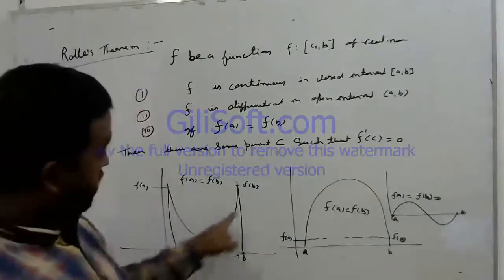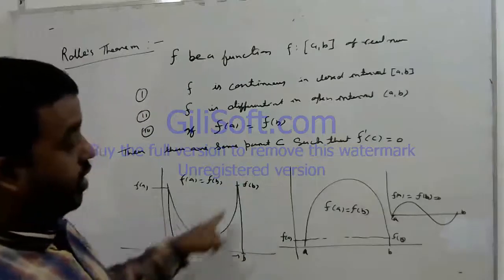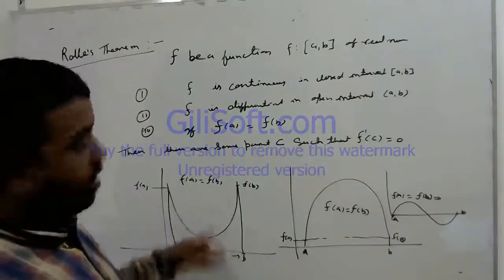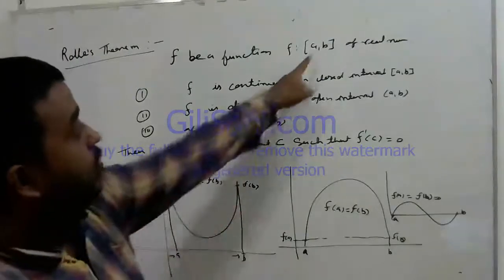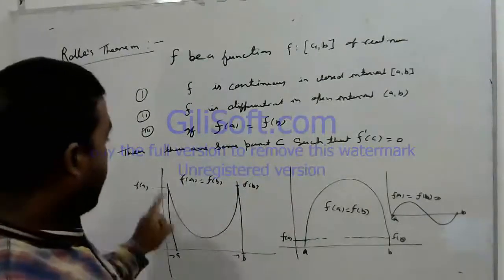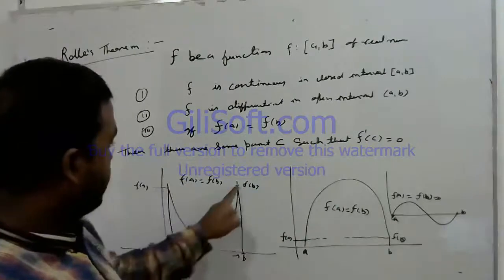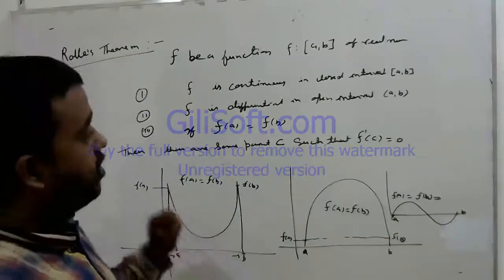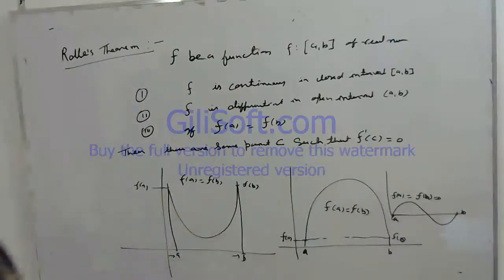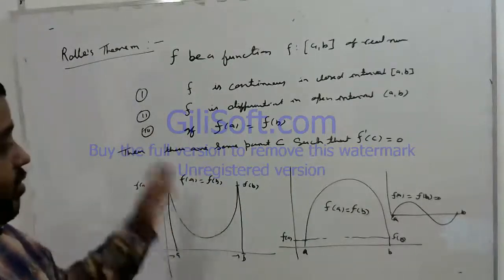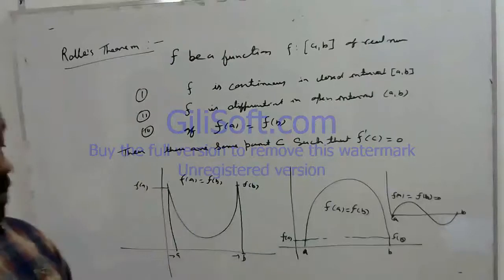And since it is a curve, a parabola, it must be continuous in the closed interval [a, b], and it is differentiable except at these 2 points. You can see here f(a) is equal to f(b). So all the given conditions are followed in the given curves.